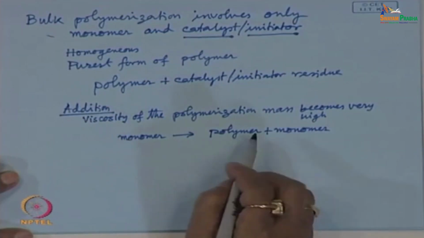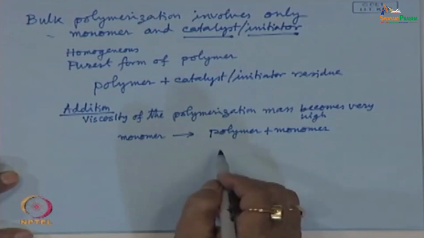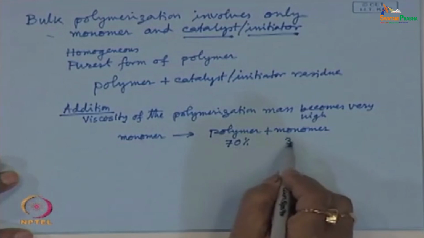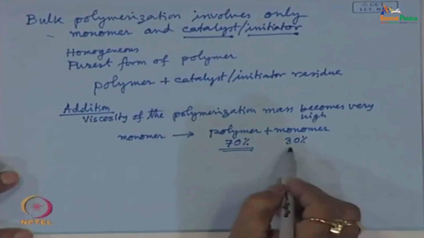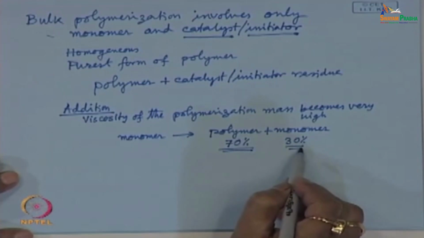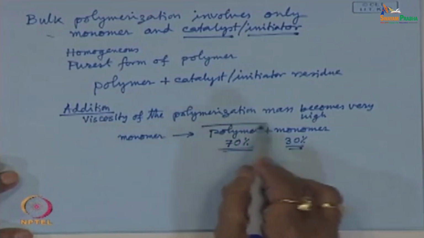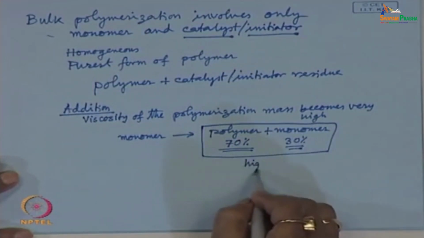Say suppose if there is 70% conversion, there will be 70% polymer and 30% monomer. So, 70% polymer remains dissolved in 30% monomer, which gives a very highly viscous system.